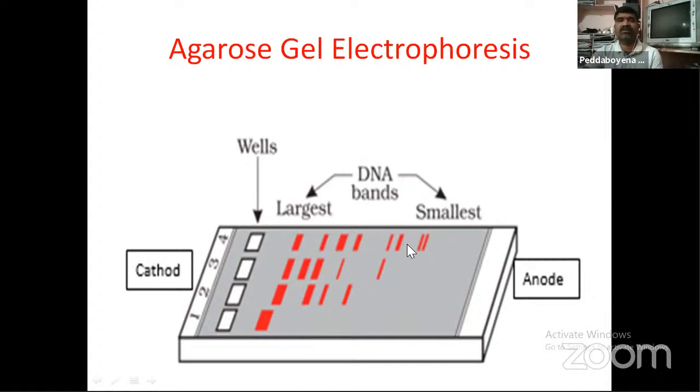After ultraviolet rays, we can observe the particular colored bands. So we can separate these. You are observing this cathode side has some large size DNA bands, and the anode side has very small size DNA bands. They become visible after complete treatment with the ethidium bromide.